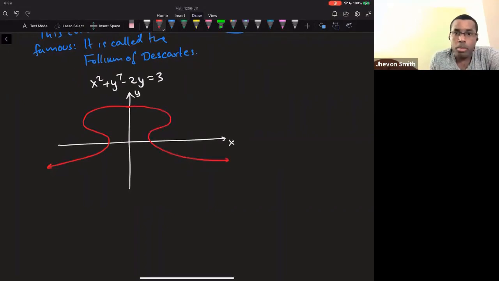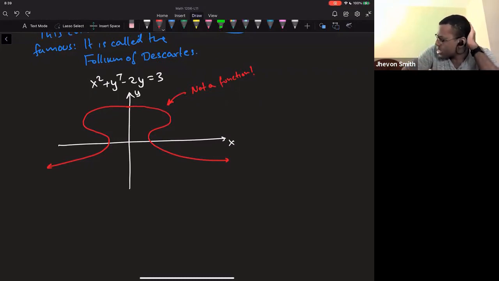It's symmetric, but clearly it's not a function, right? Because it doesn't pass the vertical line test. So this thing isn't even a function. So for you to write it as y equals f of x, where f of x represents a function, it's literally impossible to do it that way in the first place.